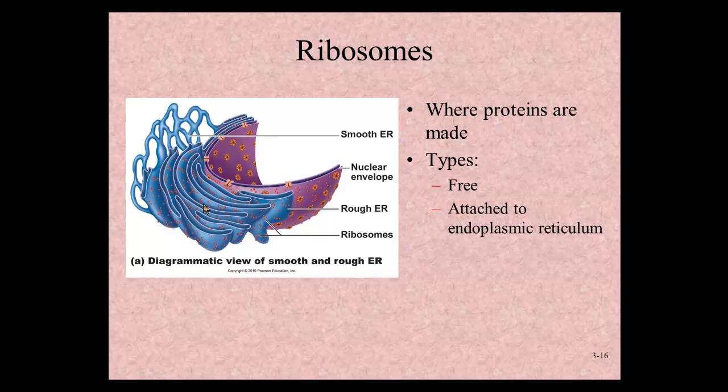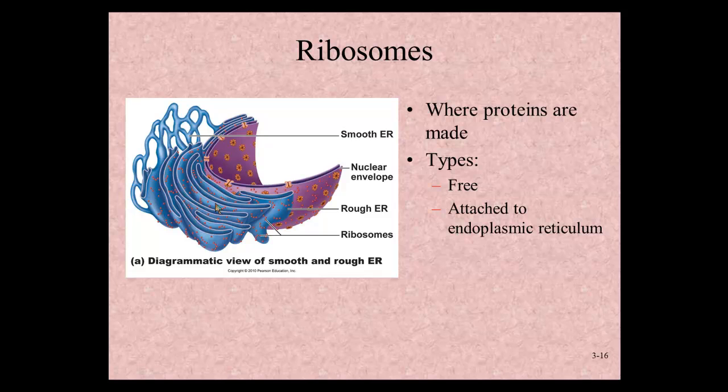And what makes the rough ER rough are these small pink circles you can see, which are ribosomes. So these are tiny organelles whose job is to make protein. So they take the information from DNA with the help of RNA to make proteins. So all these little red dots we see here are ribosomes. And they are attached to this membrane called the rough ER, which we'll talk about next.